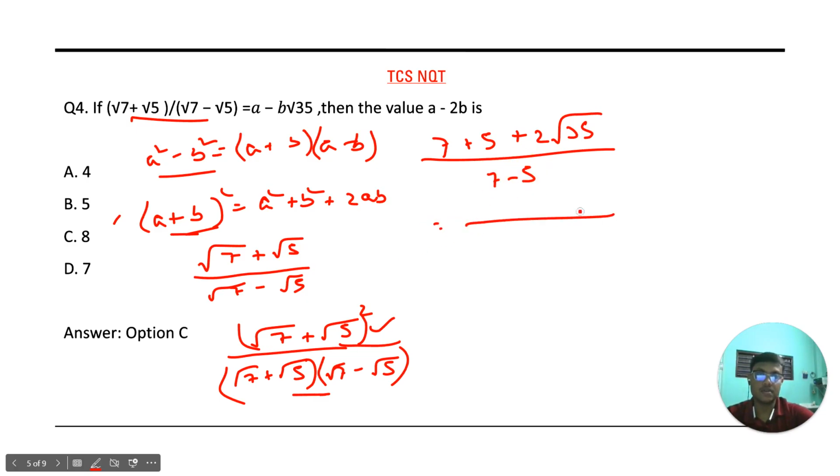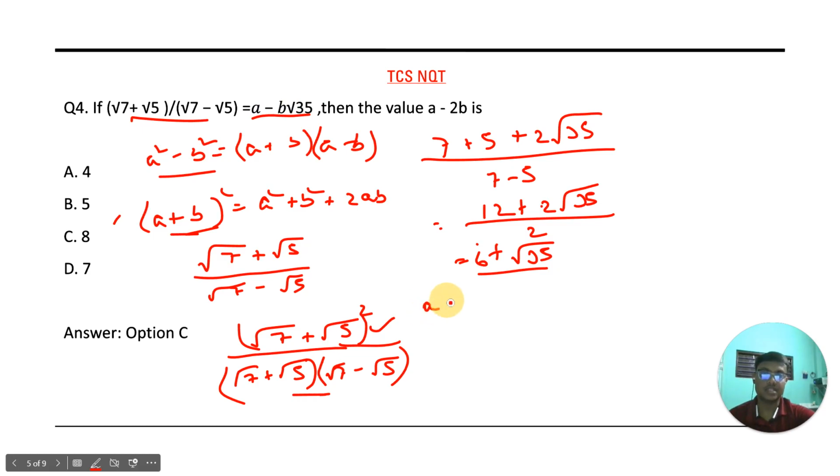Thus we have on the numerator 12 plus 2 root 35 by 2, which comes out to be 6 plus root 35. Now, if you notice this LHS and RHS of the equation, they are of similar forms.